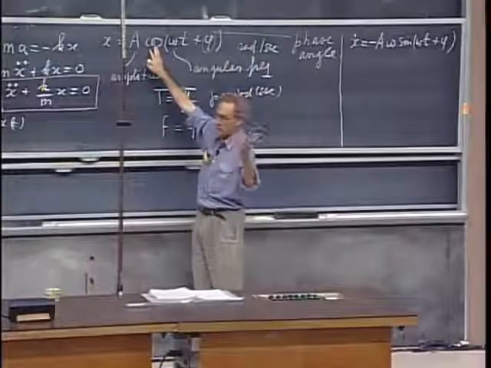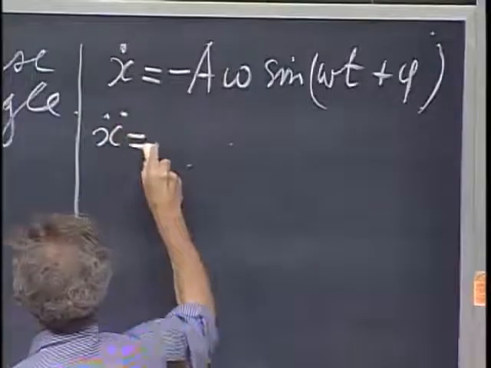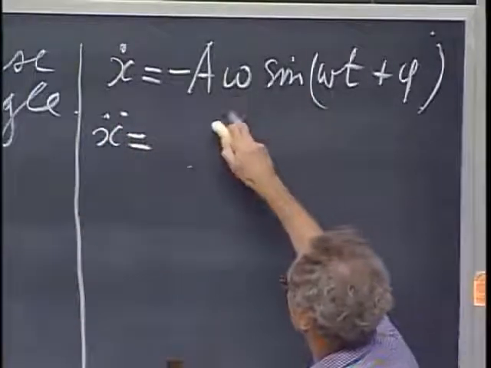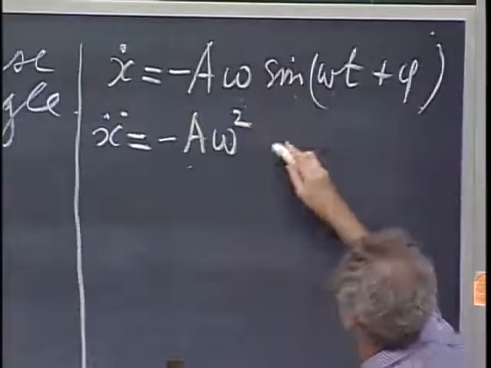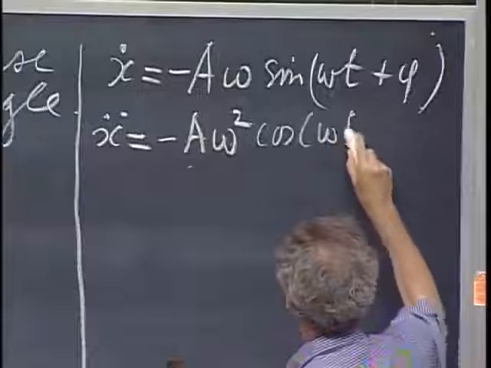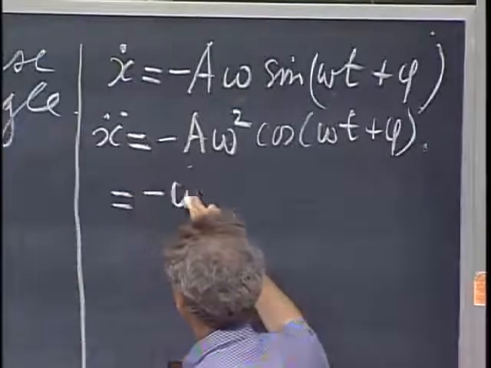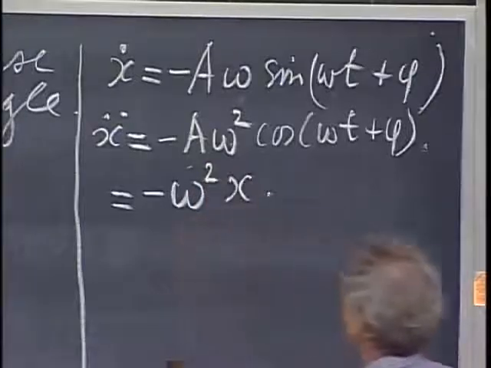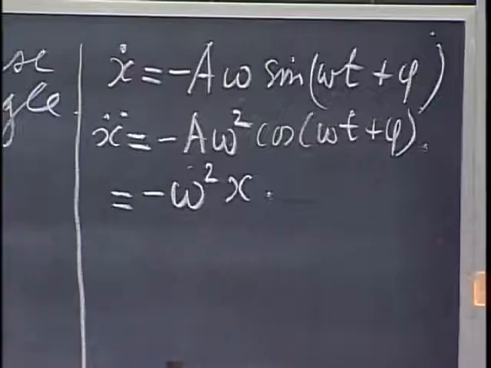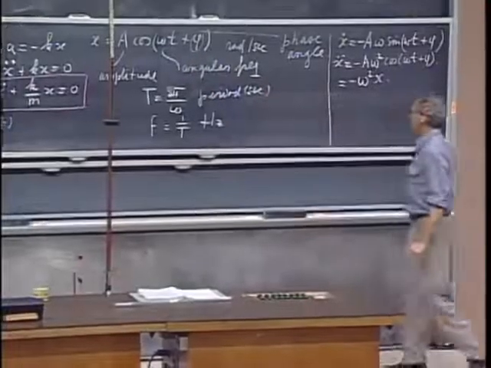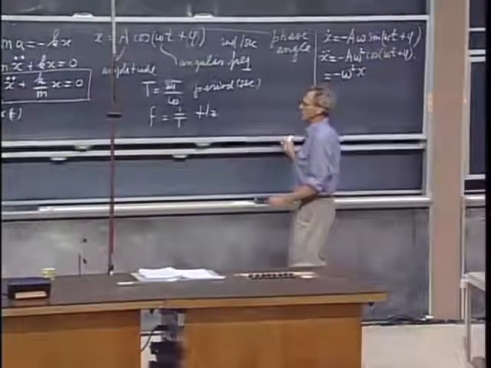I hope you realize that. I just picked the cosine one. x double dot. Now I get another omega out, so I get minus A omega squared. The derivative of the sine is the cosine, cosine of omega t plus phi. And that is also minus omega squared times x, because notice I have a cosine of omega t plus phi, which itself is x. So now I'm ready to substitute this result into that differential equation.